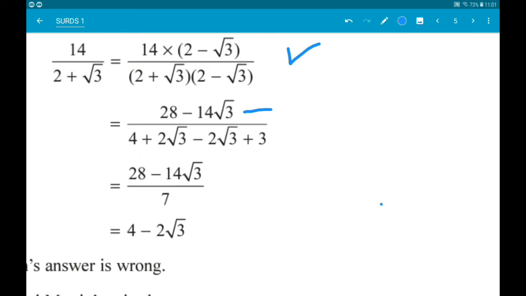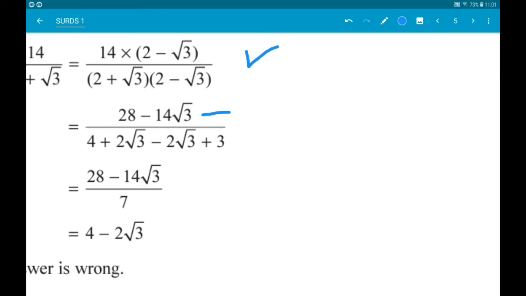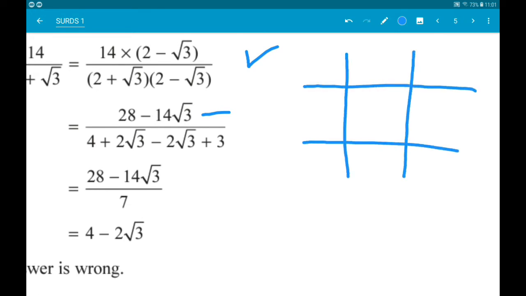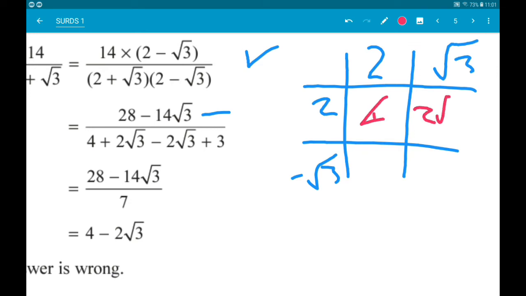Let's do it ourselves. So, 2 times 2 is 4. 2 times root 3, 2 root 3. 2 times minus root 3, minus 2 root 3, and now this bit is where he's gone wrong.